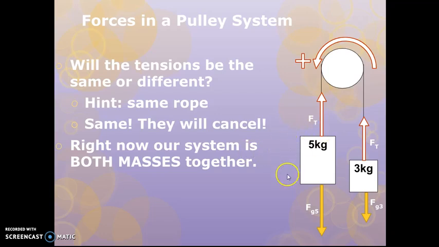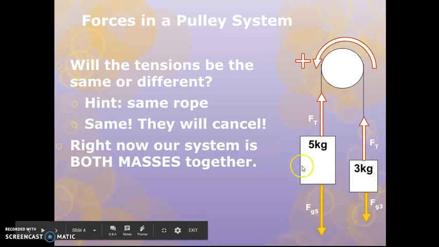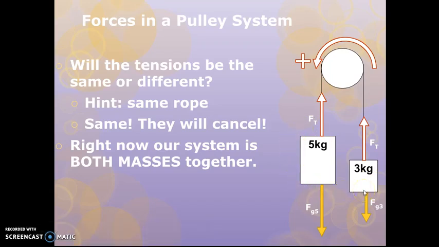We also have to remember that both of our masses together make up the system mass. Our system is now this whole thing. Another way to look at this is to remember that Newton's first law said that objects at rest or in motion will stay at rest or in motion unless acted upon by an outside unbalanced force.